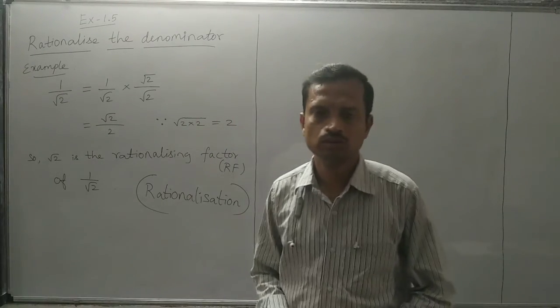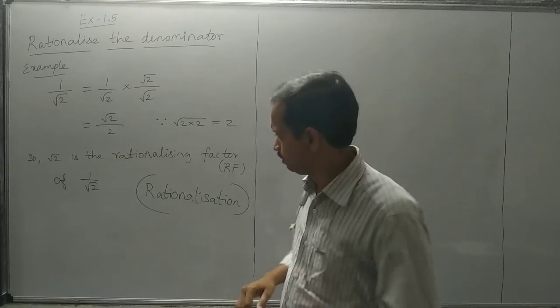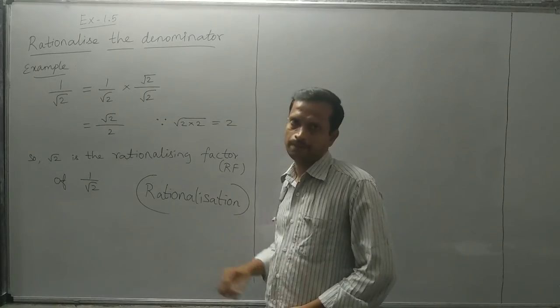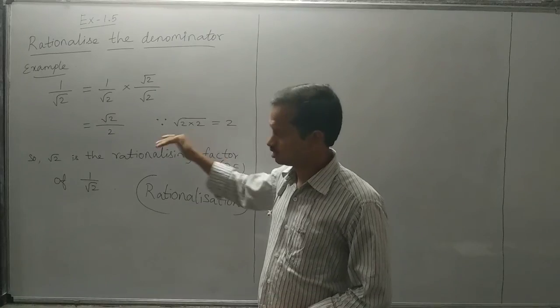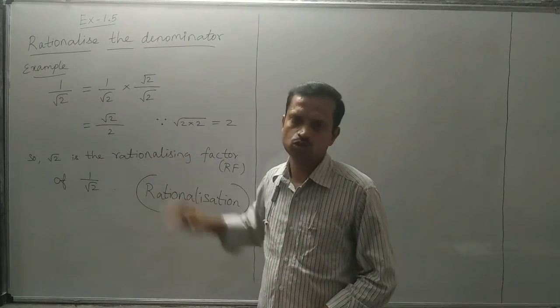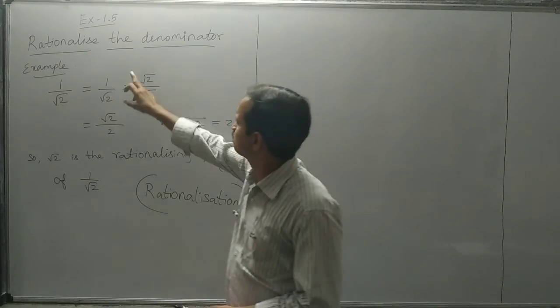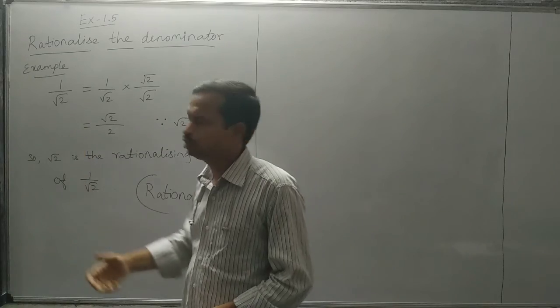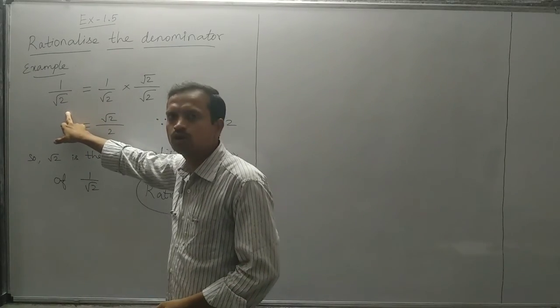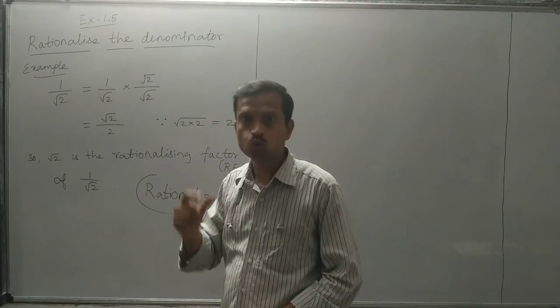And now coming to the next topic, rationalize the denominator, or simply we can say rationalization. First, we see briefly about this topic and we will move to the next sum. Clear? So rationalize the denominator. For example, we take 1 by square root of 2, and here the denominator is root 2.